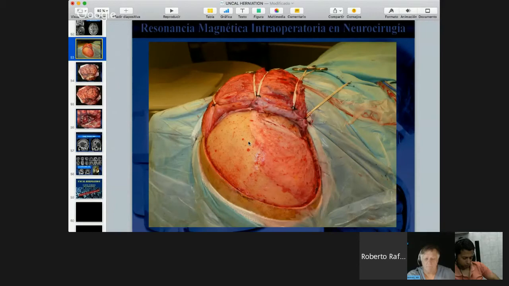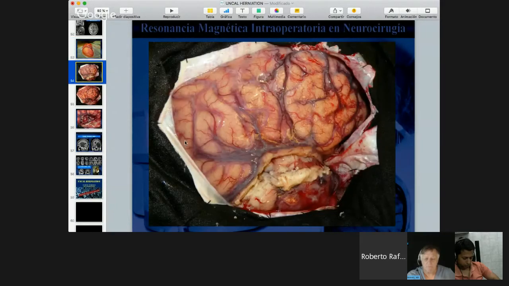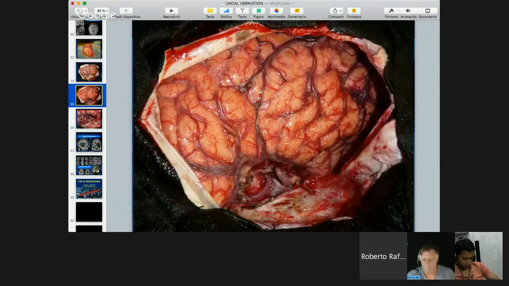This is the craniotomy we made. This is the temporal lobe. We resect the temporal lobe with the tumor, and it is very important to release the compression on the brain stem.